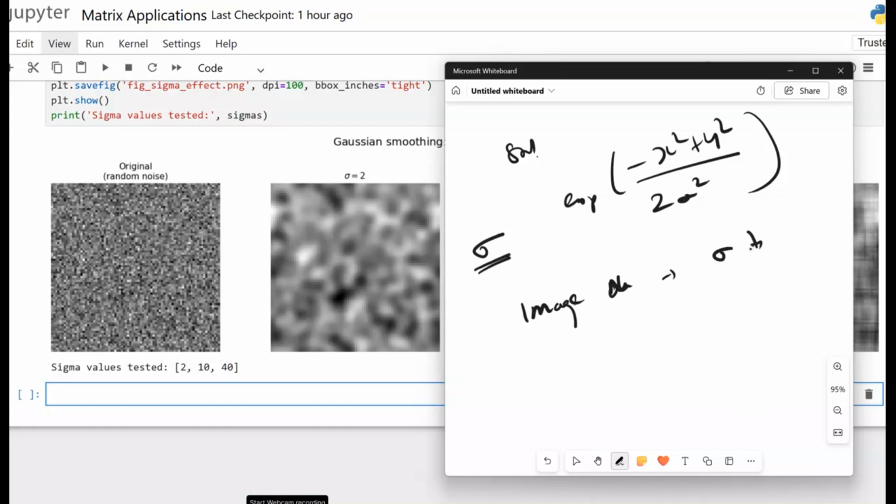For background estimation, use a larger sigma to capture broader trends. And for scale space analysis, we need multiple sigma values simultaneously to detect features at different scales, as used in SIFT and other keypoint detectors.